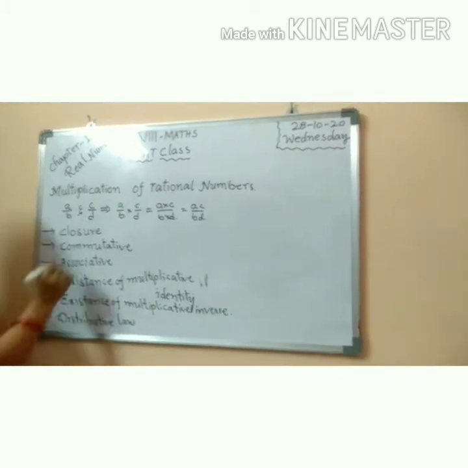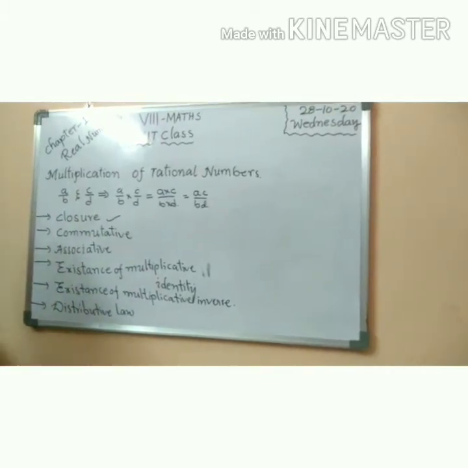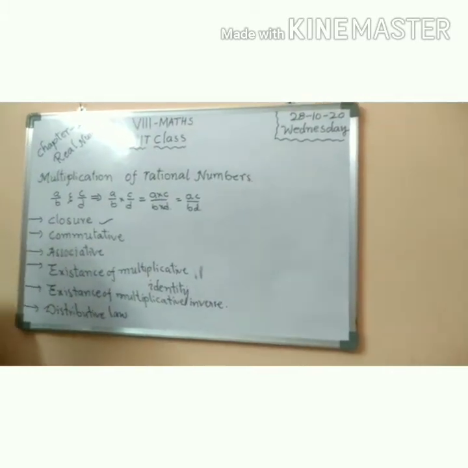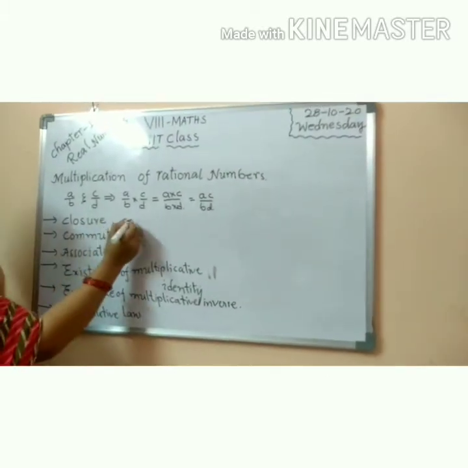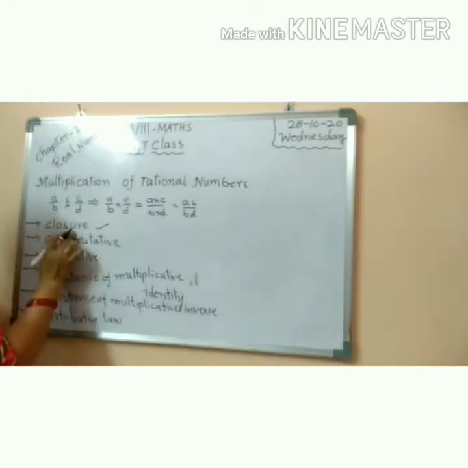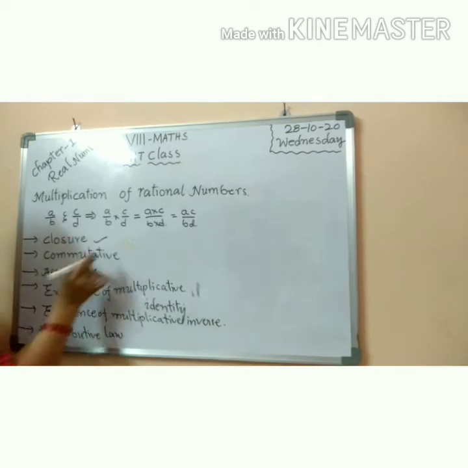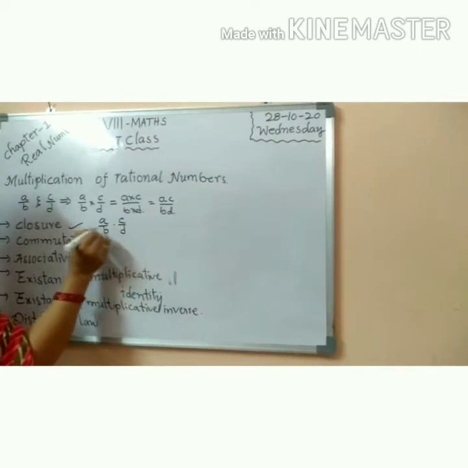What is the first one? Closure property. Now I will explain the closure property. The product of two rational numbers is always a rational number. For example, a by b and c by d are two rational numbers.